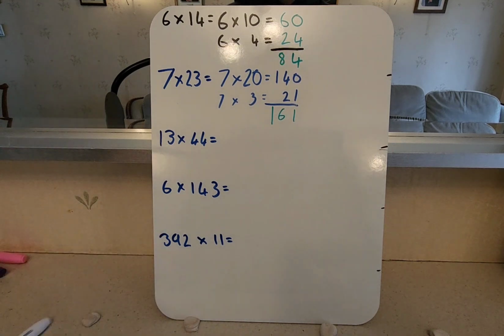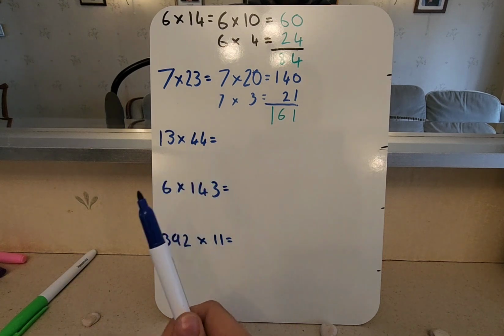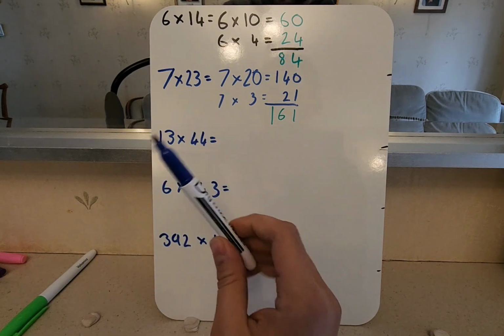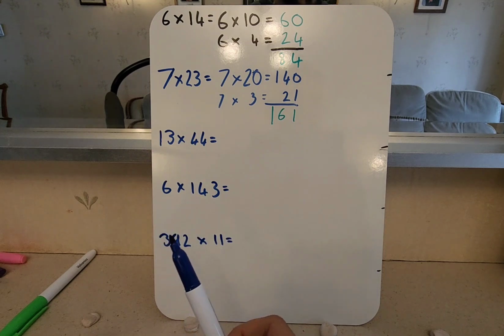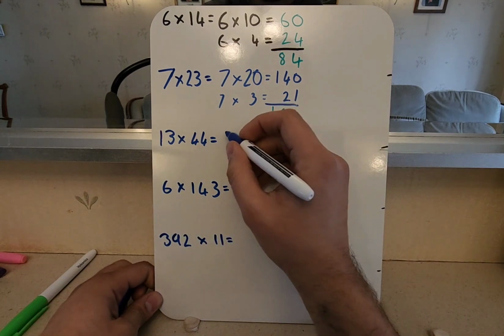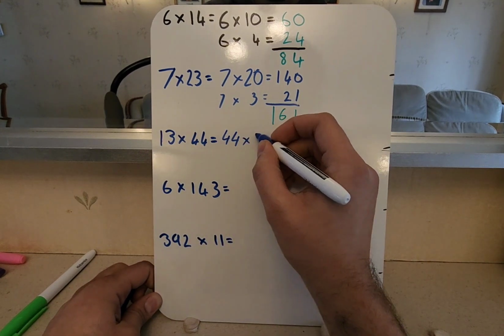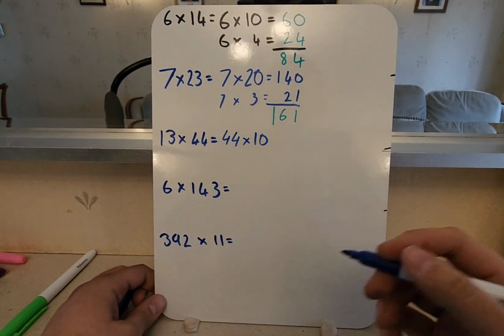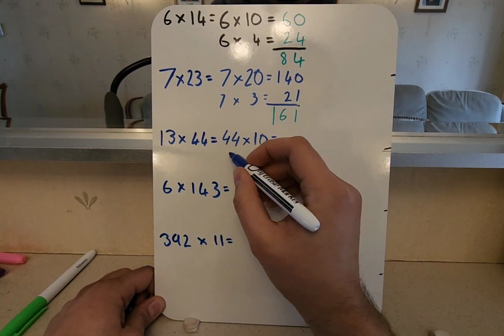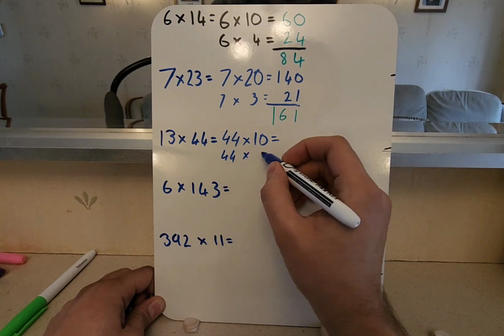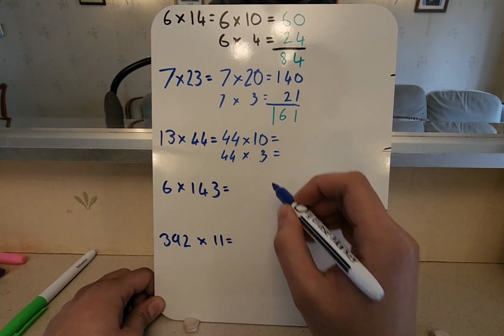Next, this question here, 13 times 44. This is interesting because where do you do the split? Where do you split these two numbers? It's quite an interesting conversation, and most students try and split 44. But if you partition 13, you can do 44 times 10, which I hope most of you can do, and then 44 times 3.